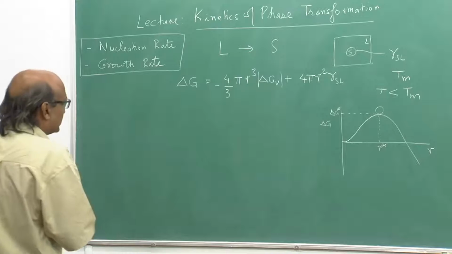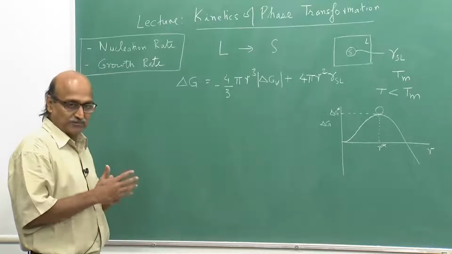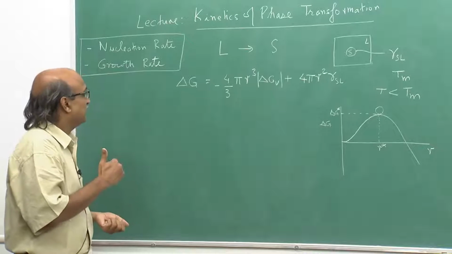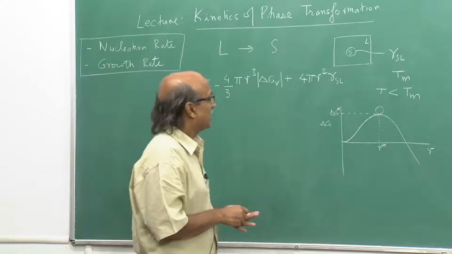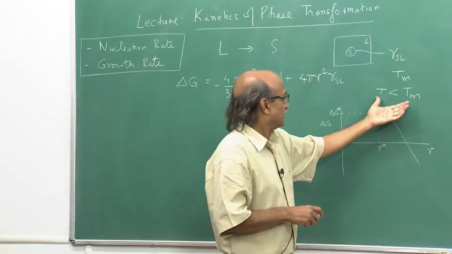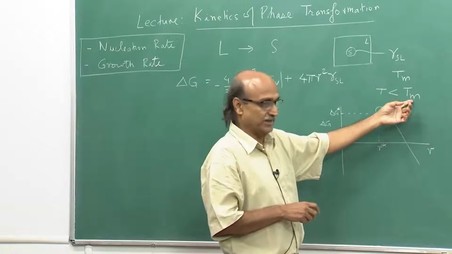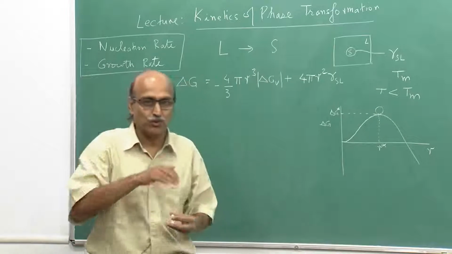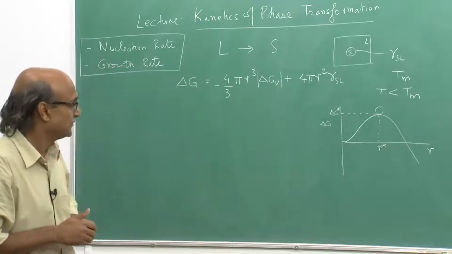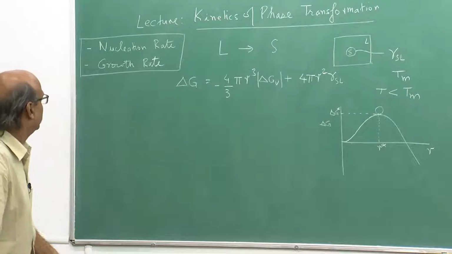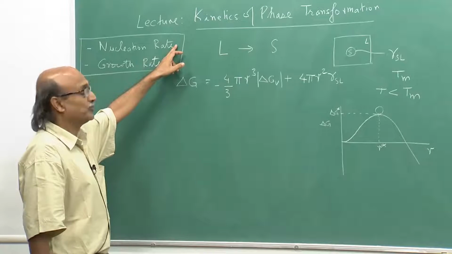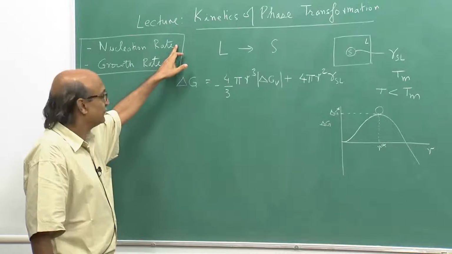For instance, we will see soon that if we are at temperatures close to the transformation temperature Tm, but of course below the transformation temperature, one will find that the nucleation rate would be very small.